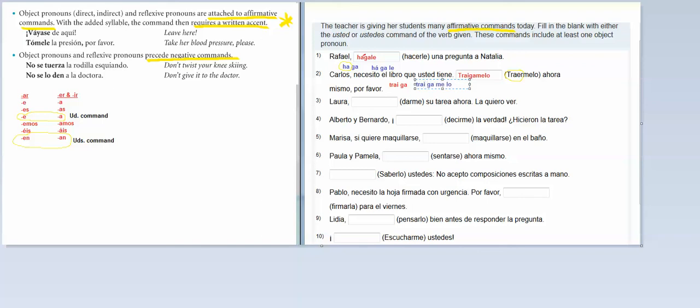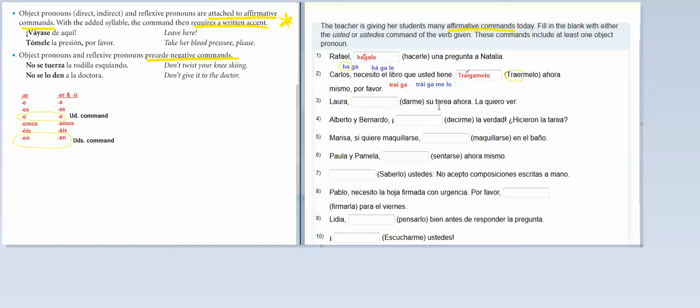In order to get people to still say it as tráigamelo, I'm going to want to write an accent in over that A, so that I keep the same sound. So I'll go back in and put my accent mark here. And that's what's going to happen down here as well.